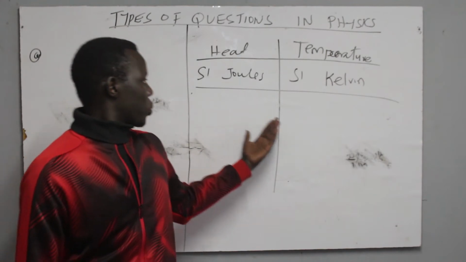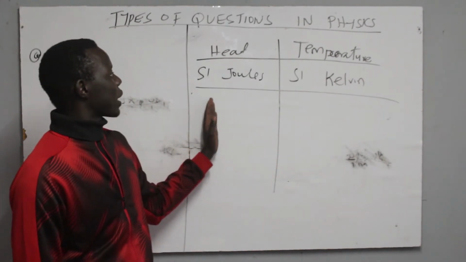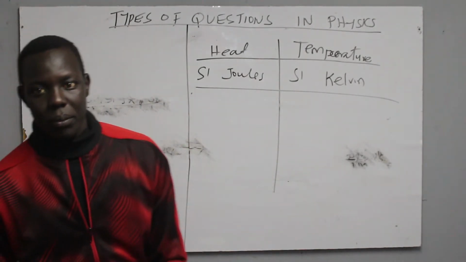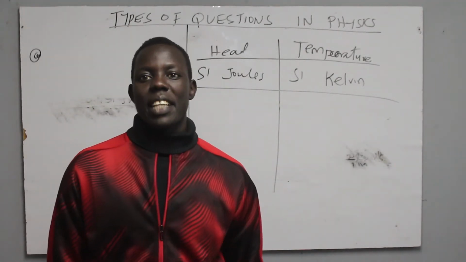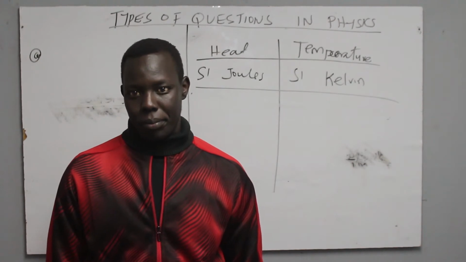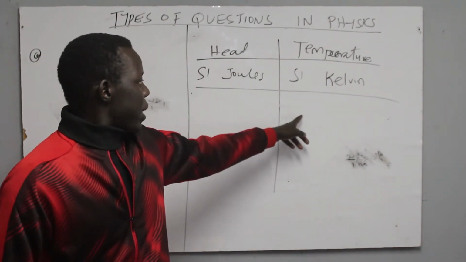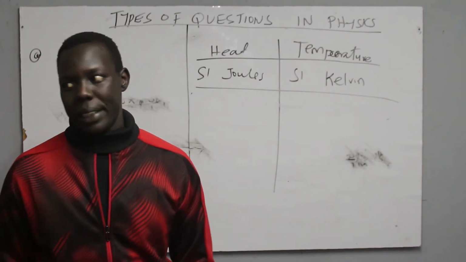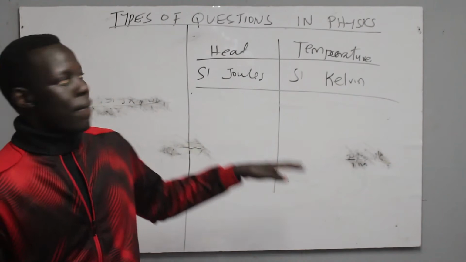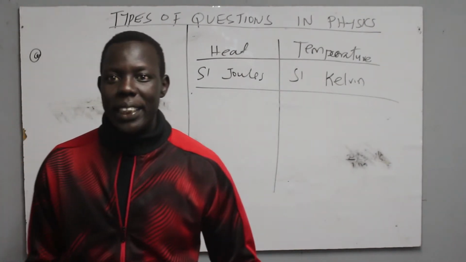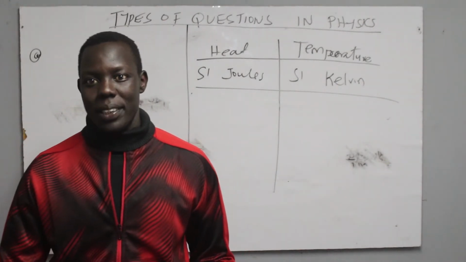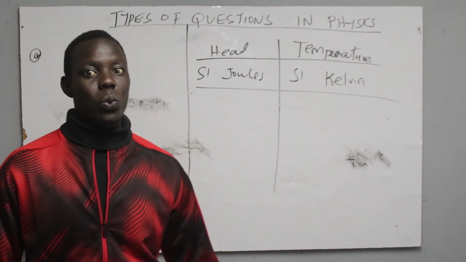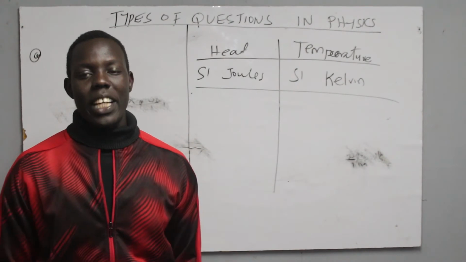The third way to differentiate heat from temperature is how they are measured. Temperature has a specific way of being measured by an instrument. Heat cannot be measured directly by instruments. In fact, if you want to get heat, you get other factors, then you calculate it.